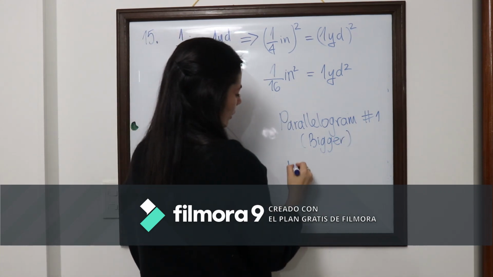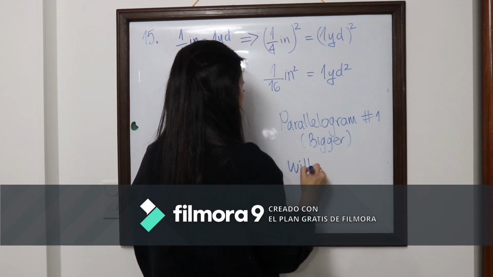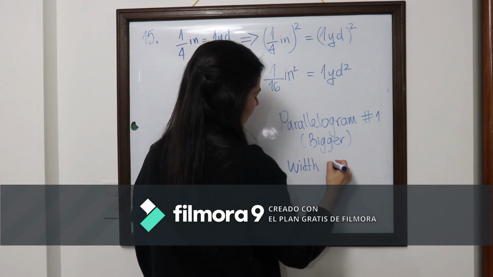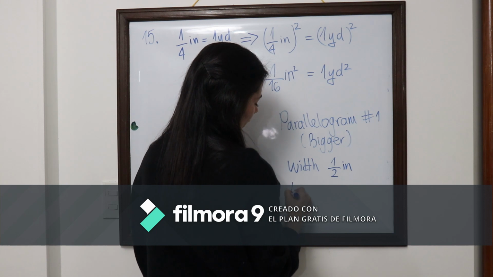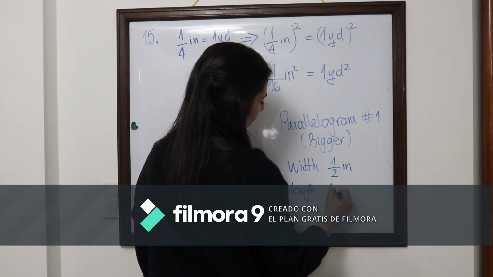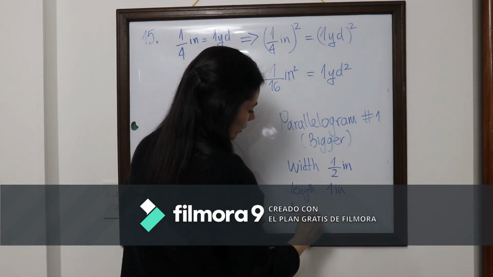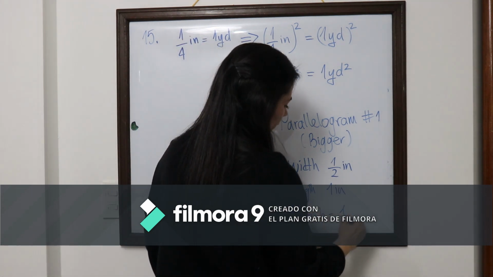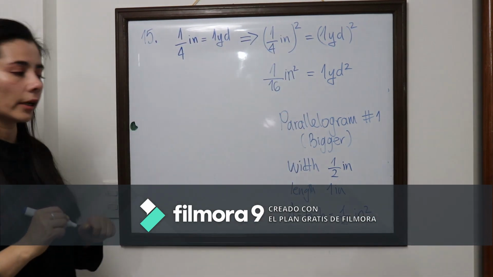And then I can just say that the width is, let's say, 1/2 of an inch. And then the length is going to be 1 inch long, okay? So the area, of course, which we know is based on height, is going to be just 1/2 square inch, right? So that's what we're going to work with.